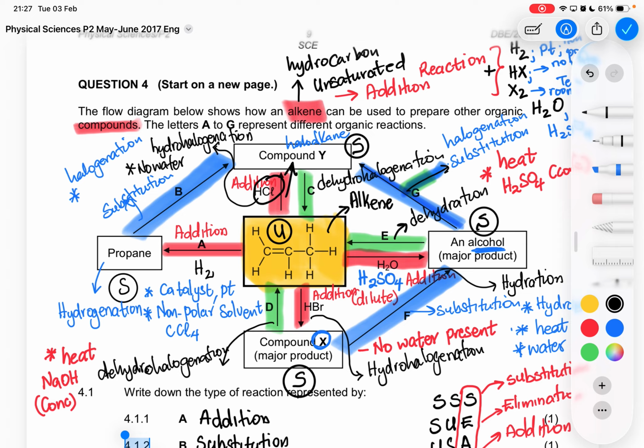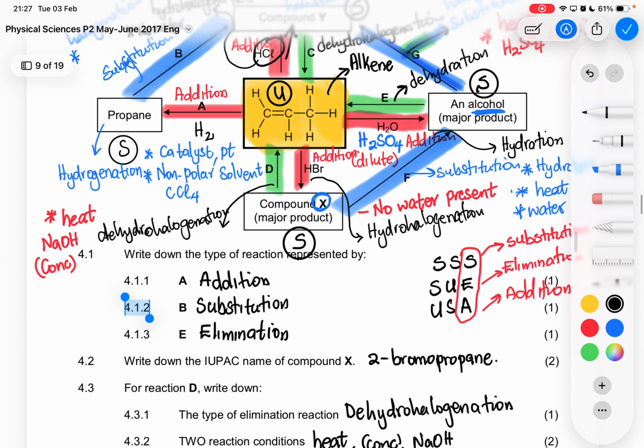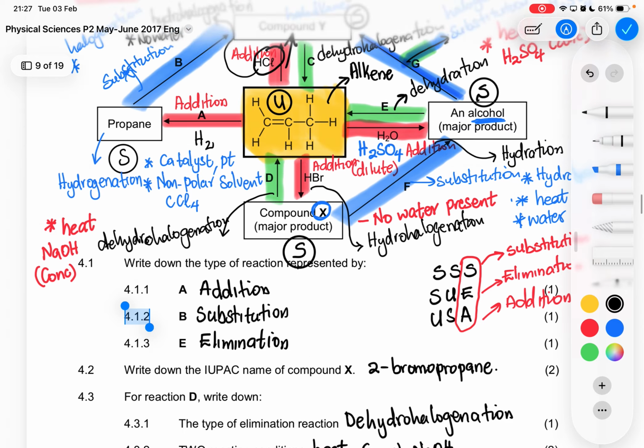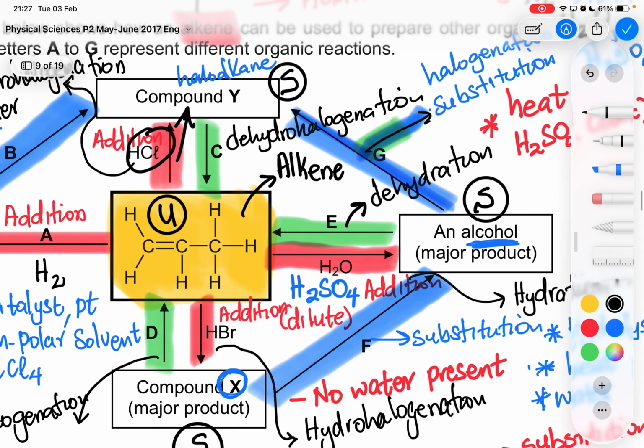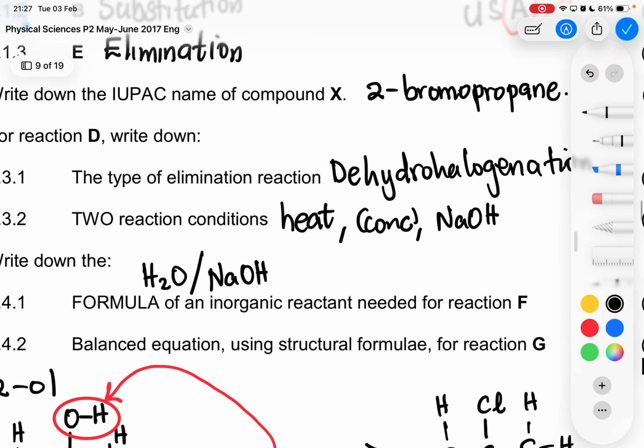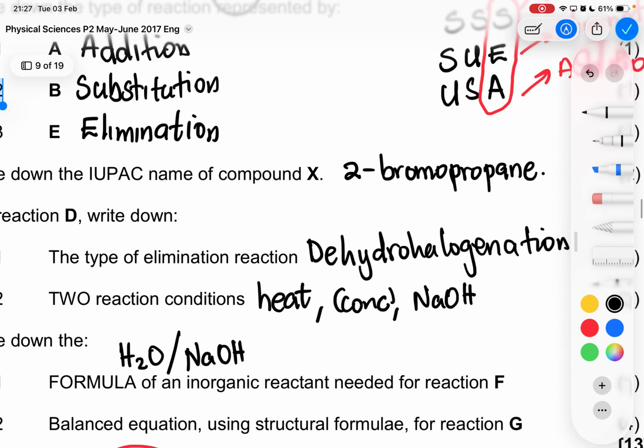Can you please explain 4.4.2? All right. Let's look at what is reaction G. Reaction G, we are moving from an alcohol. Then your question is, how did we get this alcohol? Do you remember they asked you to write an IUPAC name for compound X?